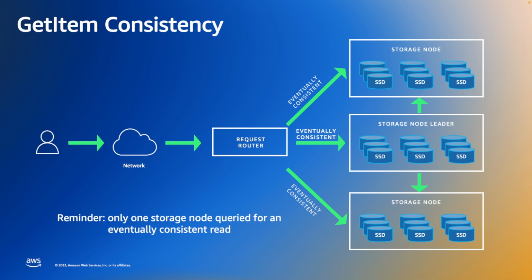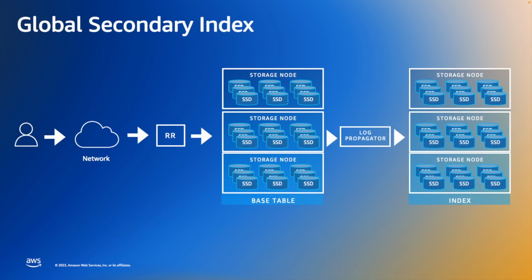It's going to go to the partition for that item key, that hash, and it's going to determine what the value of that item is and return it back to you. So there is an affinity between request routers where if you do an EC read, it's going to try to contact a storage node inside the same availability zone, aka data center, to get the item back to you as quickly as possible. Now let's talk about GSIs.